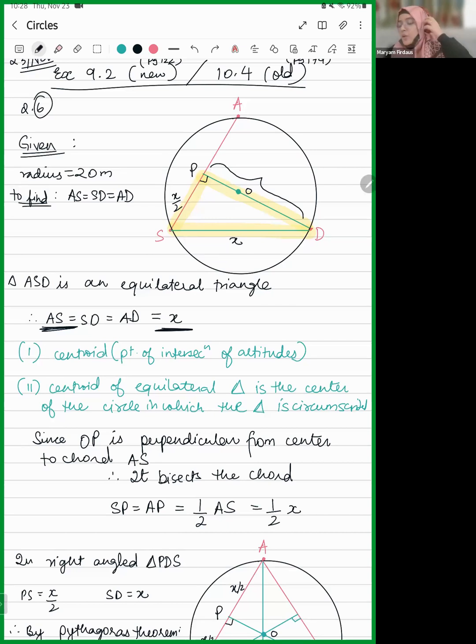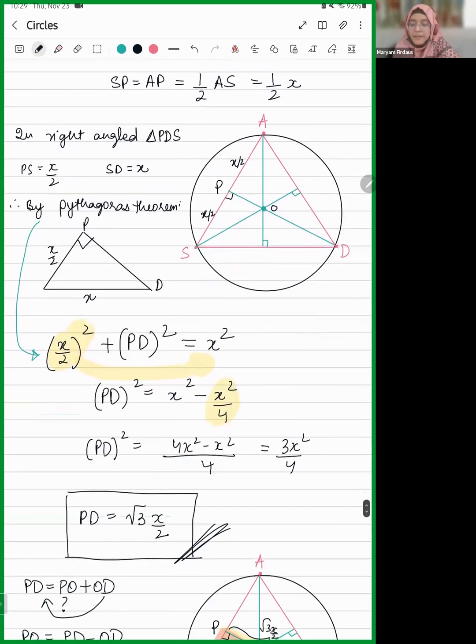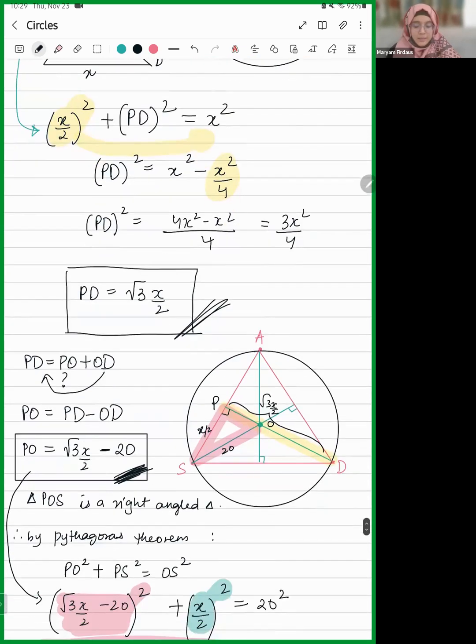Same thing. Okay. So this is x by 2. Then this thing we had already taken as x. SD we had taken as x. And then PD we didn't know. So we tried to find PD using the Pythagoras theorem. Then we found PD in terms of x.